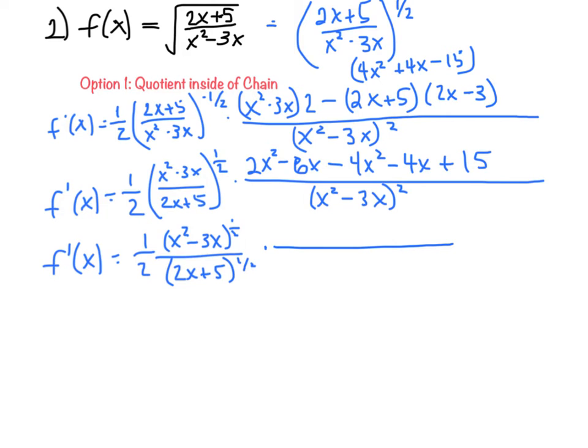All right, so I'm going to clean up my numerator here for this third term, and that will be negative 2x squared. I'm going to have minus 10x and then plus 15. And keep this as x squared minus 3x, squared. Okay, so at this point, I'm multiplying basically 3 terms here. I have 1/2, I have this business, and then I have this.